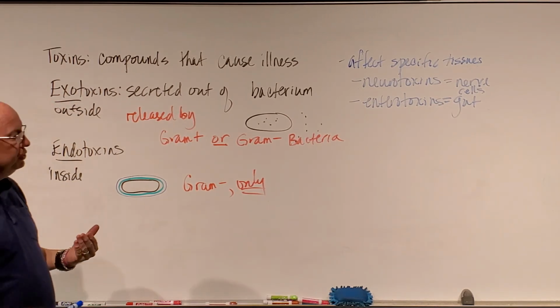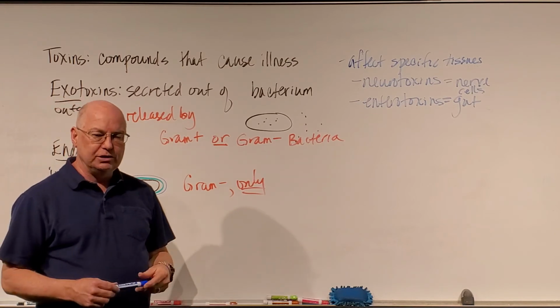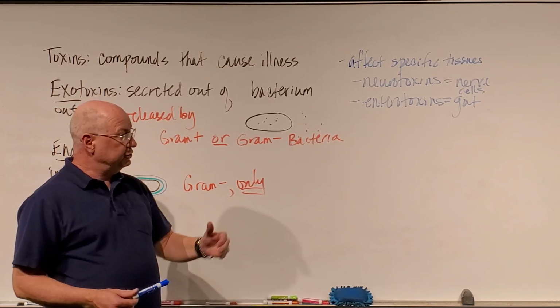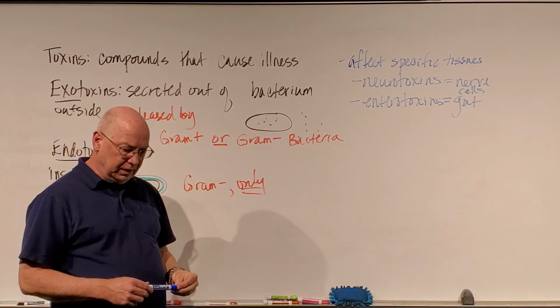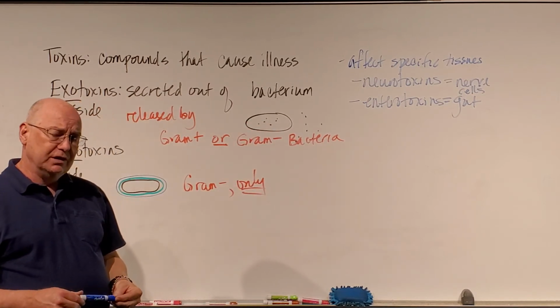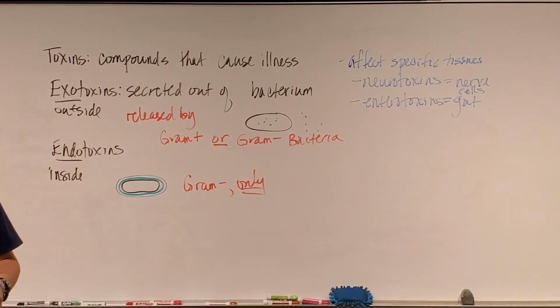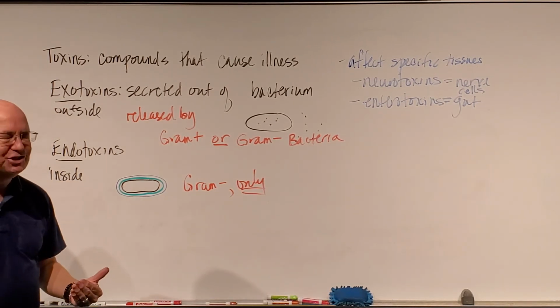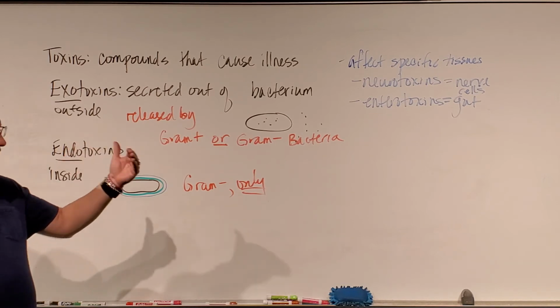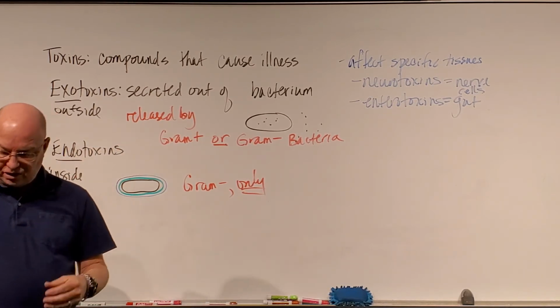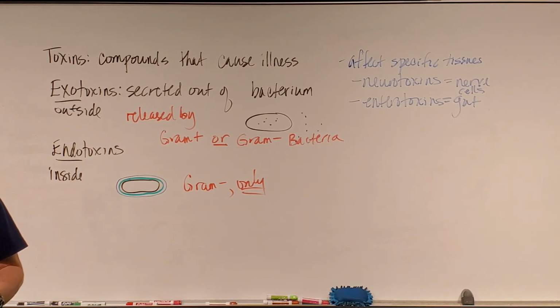And by the way, when we do consume these, an illness that's due to high presence of exotoxin is called an intoxication. Toxemia means the toxins in the blood, and intoxication means you've ingested the toxin somehow.